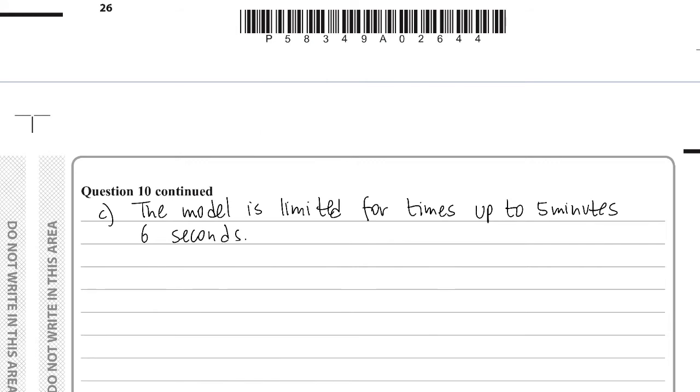Other ideas would be not considering the temperature in the mouth or any other practical explanation of why the model is limited as it's proposed in this question.